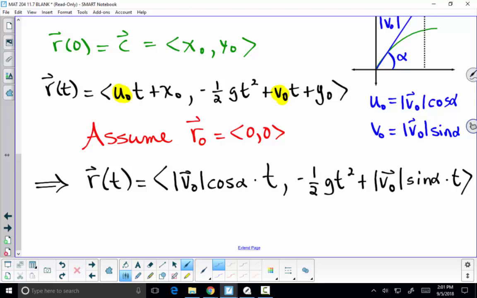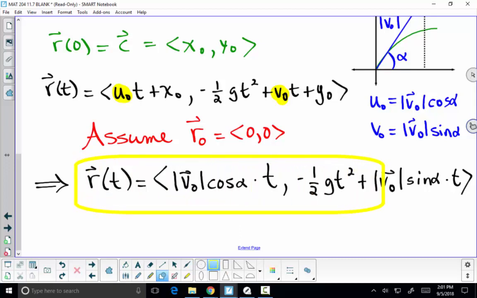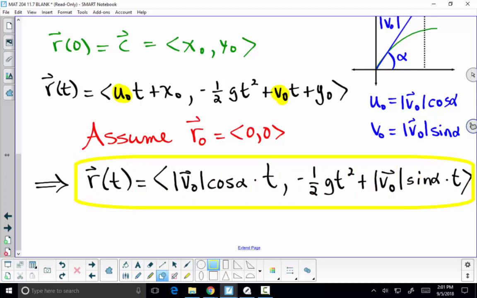So that will be our position, and y naught is 0. So this is an equation that you will see a lot in here and in physics, where that absolute value of v naught is the initial speed, so that's a constant, and that alpha is your launch angle. And t, of course, is the parameter. So if you want the position at time 0, plug in 0. You want the position at time pi over 2, plug in pi over 2.